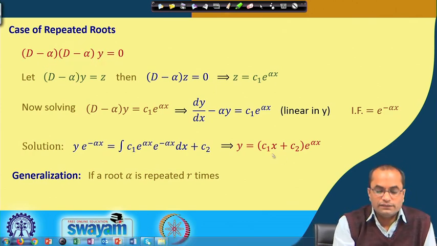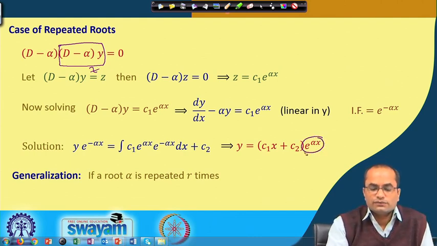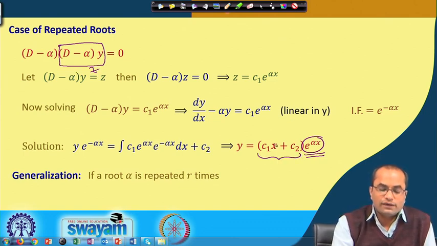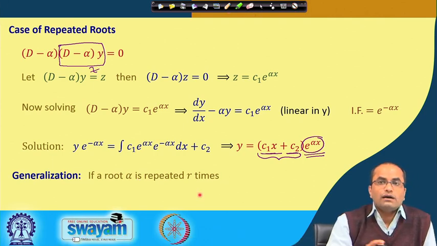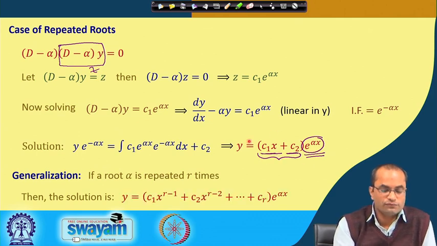When alpha was repeated 2 times, we got the factor e power alpha x, like in the earlier distinct case where we were getting e power alpha 1 x, e power alpha 2 x. And then the 2 constants are given by c 1 x plus c 2. Now, if the root is repeated r times, the solution follows from here.